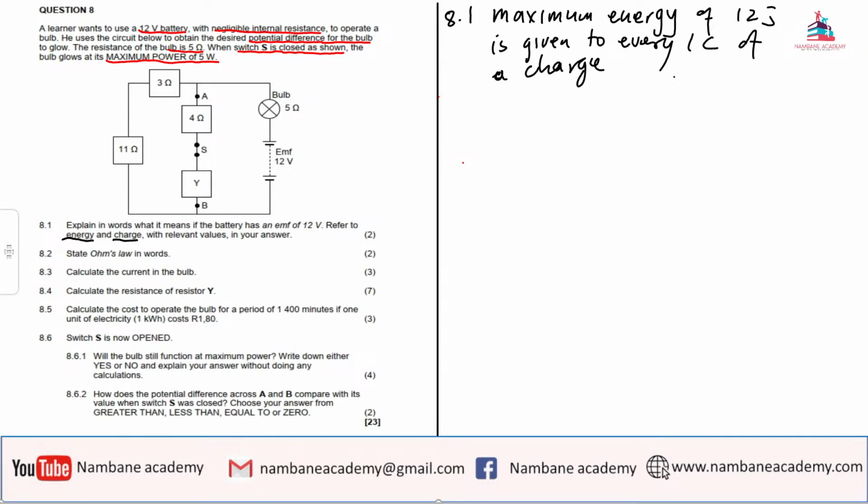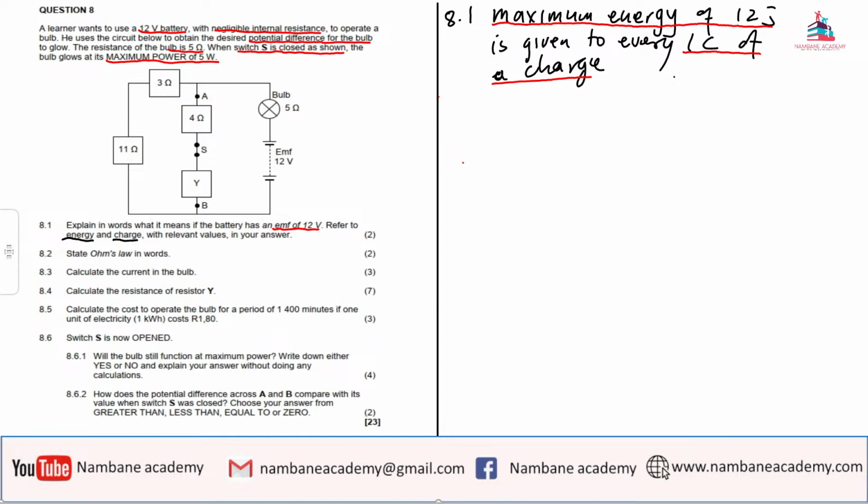This makes it nice to understand that when we say a battery has an EMF of 12 volts, we are saying that the battery can deliver a maximum of 12 joules of energy, but that it is given for every single charge. That is very, very important to understand.